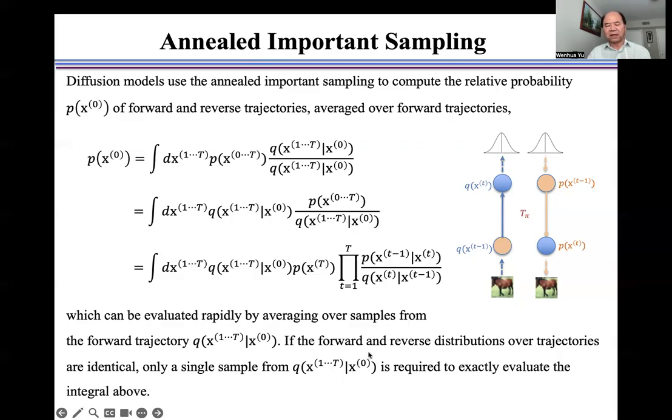If the forward and reverse distributions over trajectories are identical, only a single sample from q is required to exactly evaluate the integral here.